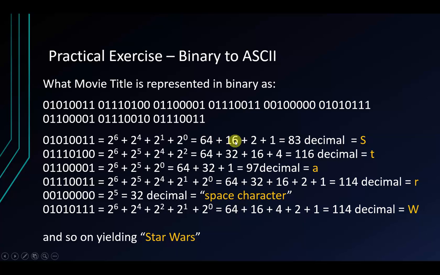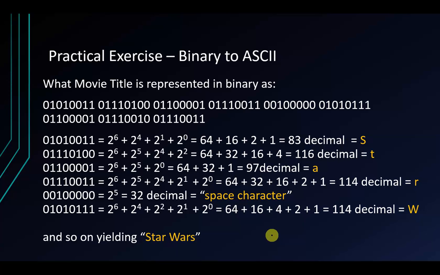Convert those to their decimal values, add them up. You get the value of 83. You check in the chart. Decimal 83 is a capital S. If you go through each one of those, lowercase t, A, R, and don't forget, you have to specifically represent a space character. It doesn't appear there magically. And then you follow it on out, you end up with the title of the movie being Star Wars.